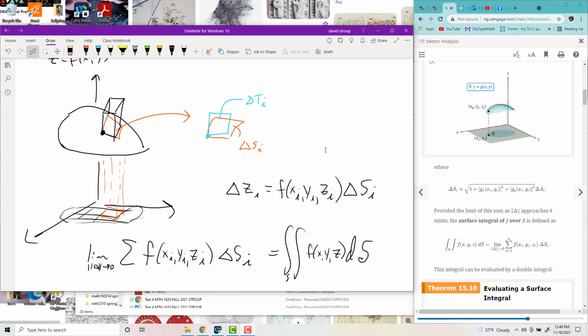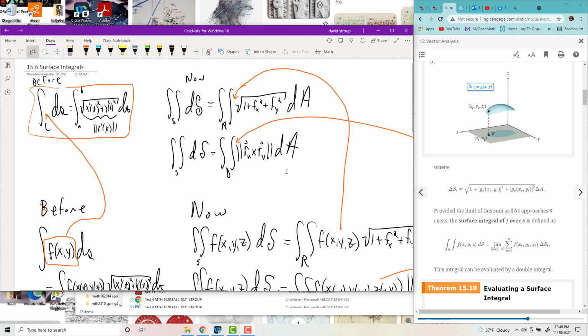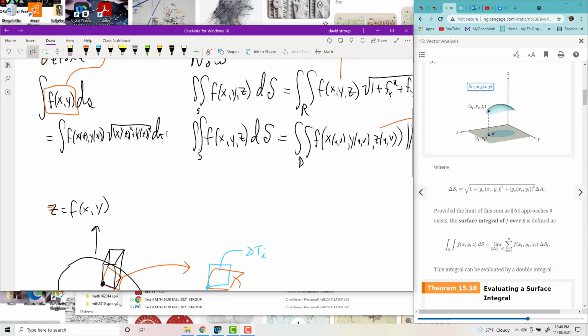What I'm saying is it's very similar to what you did before with an integral of a function over a curve in maybe the xy plane. If you're here in the xy plane, you have some sort of curve, and you can imagine attaching a function to it is like figuring out the area of a wall that's built on top of the curve.